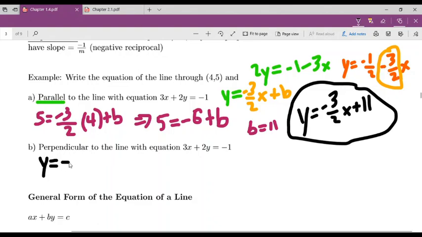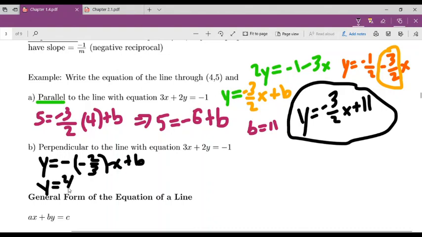So in reality it looks like this. Still the negative there, the negative on the outside, and then 2 over 3. And then the more simplified version will look like y equals 2/3 x.